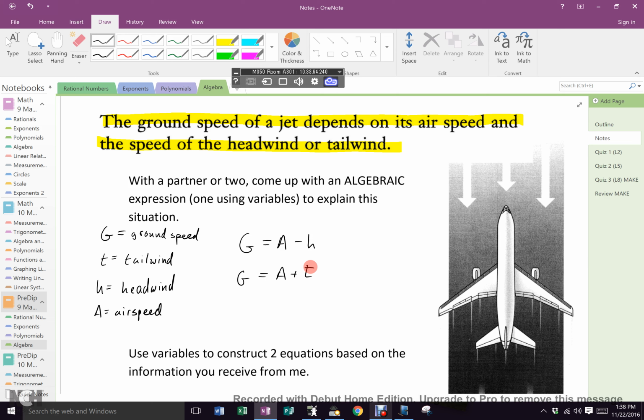Okay, so from previous math examples, I know that airspeed equals ground minus the headwind speed.